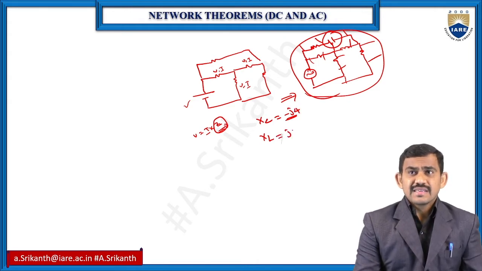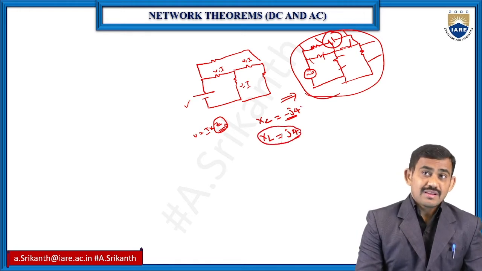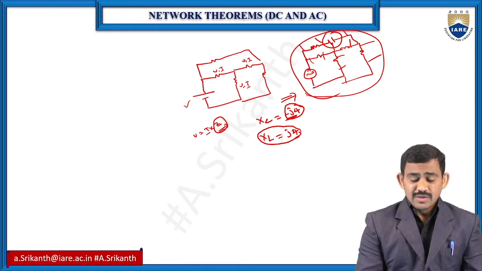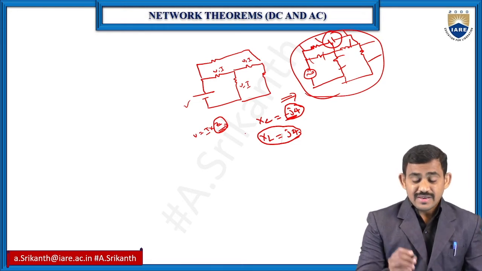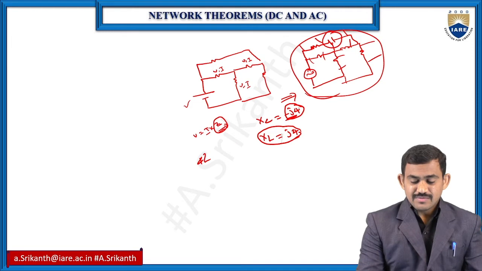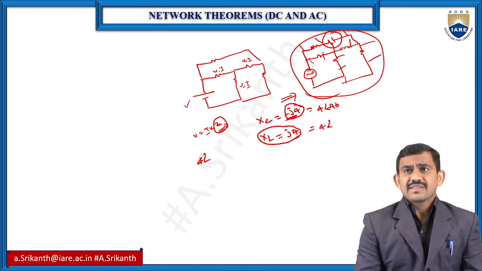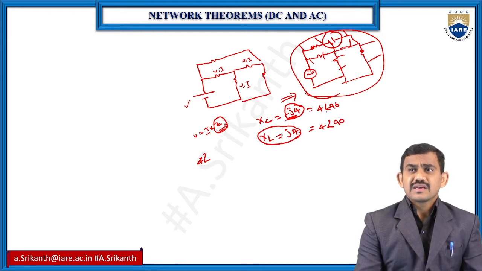We have plus values for the inductor and minus values for the capacitor. If you want to convert into polar form, for the capacitor we get 4 angle minus 90, and for the inductor 4 angle plus 90.